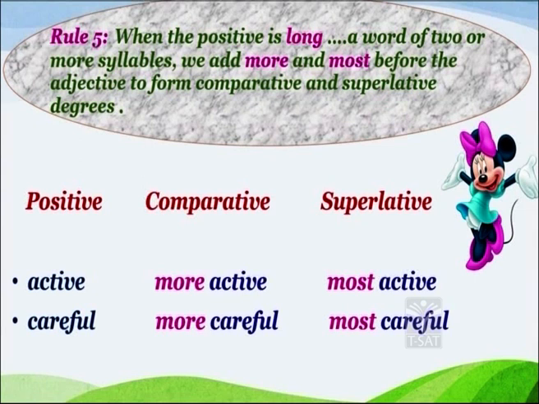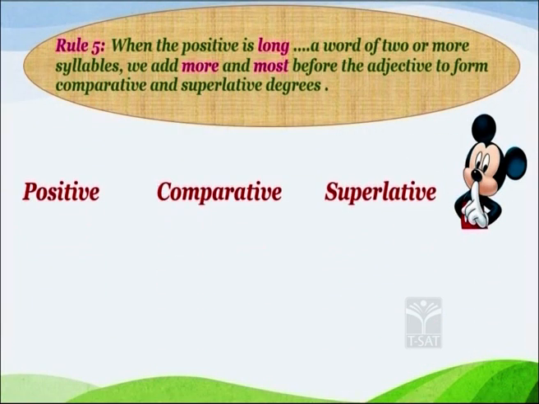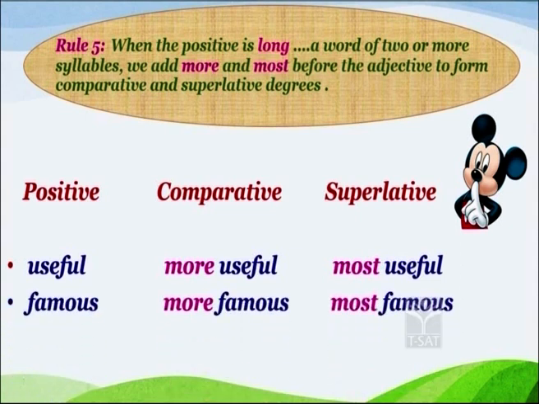In the same way, careful, more careful, most careful. We shall see some more examples now. Useful, more useful, famous, more famous, and most famous when it comes to the superlative degree.